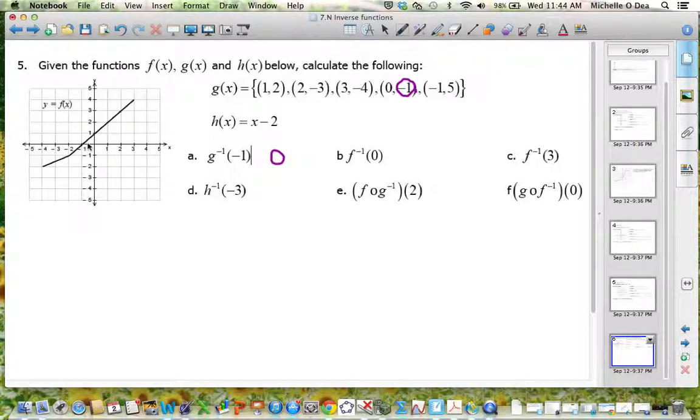So on the original function, there is when y is 0, and therefore I can see that x is -1.